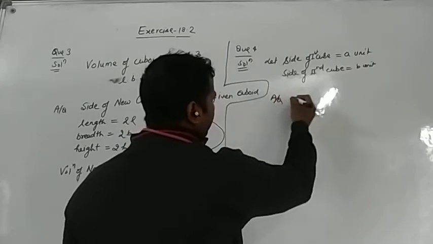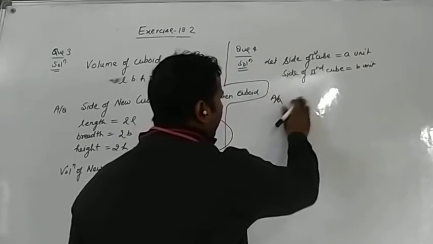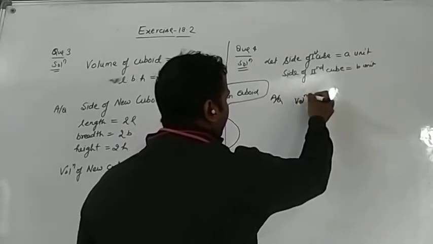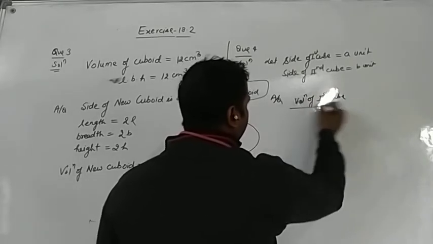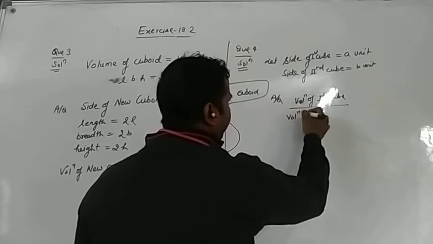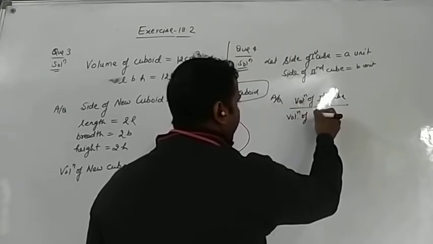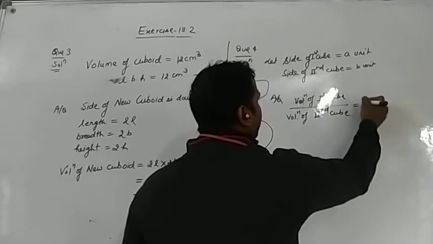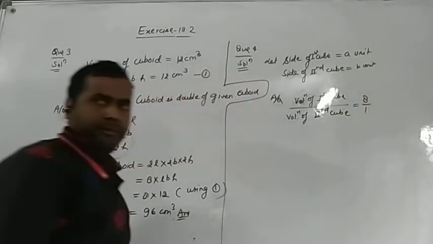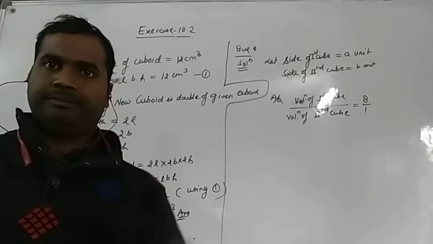According to the question, the ratio of volume of first cube upon volume of second cube is equal to 8 to 1.